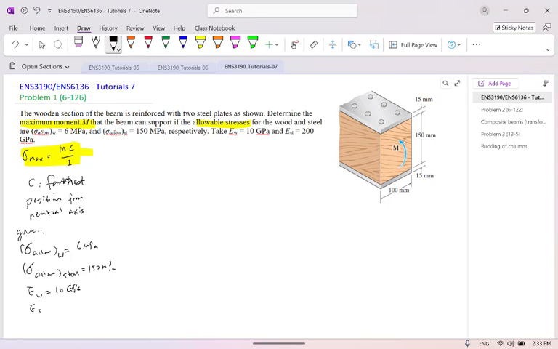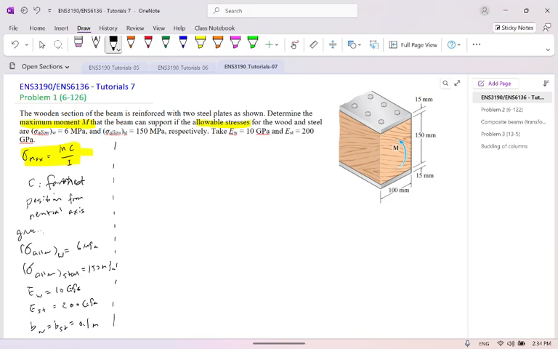The Young's modulus of steel is equal to 200 gigapascals. And the width of wood and steel is 0.1 meters.